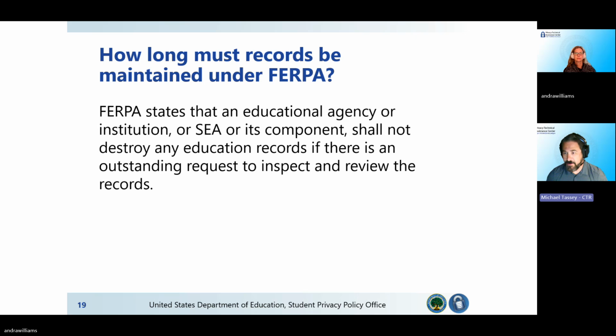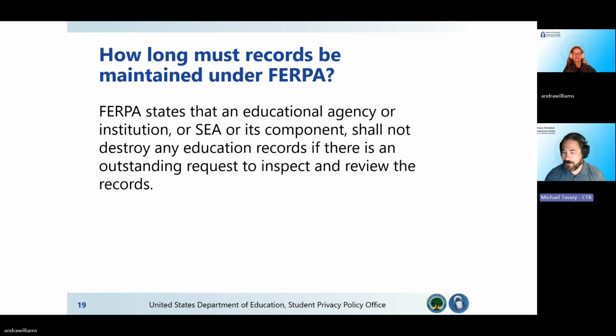So FERPA doesn't care how long you keep the data or if you keep the data, but because FERPA provides that right to inspect and review, if there is an outstanding request to inspect and review the information, FERPA prohibits the destruction of that data. So you can't pull the Enron on it at the last minute in the middle of the night and start shredding documents.